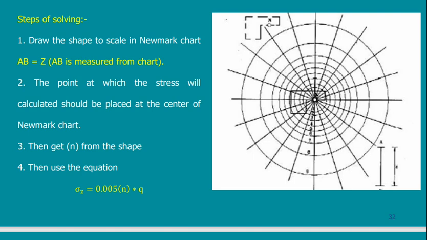Suppose I want to solve this problem at a point below N with the distance of 5 meters. Then in this case, the scale of my drawing will be that this is 5 meters.